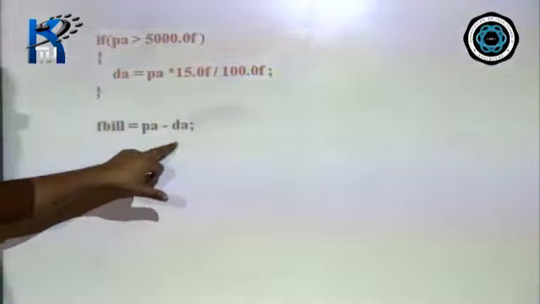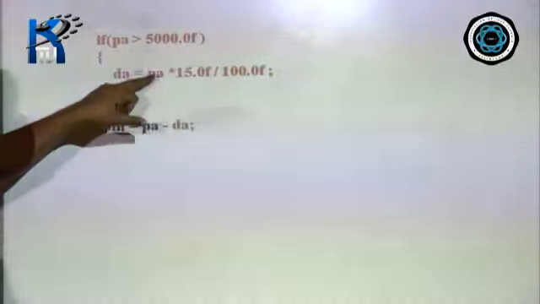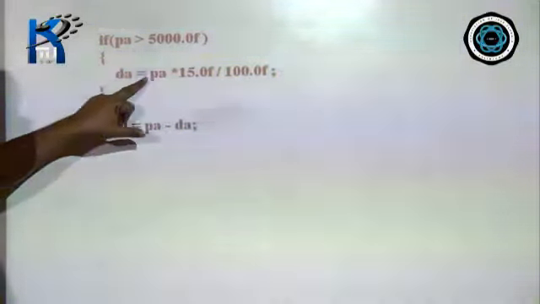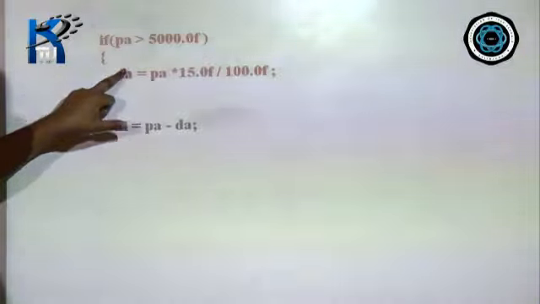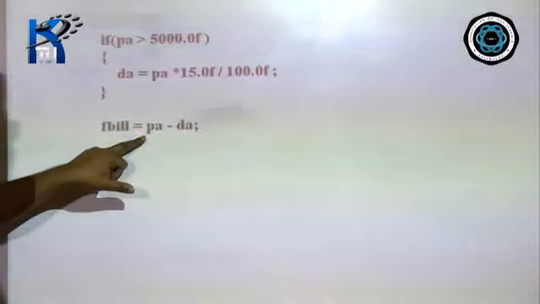So DA value will remain what we had given in the initial stage, that is 0. That was the default value which we gave when we initialized the variable DA. So if the control doesn't enter here, the value of DA remains as 0. So purchase amount minus whatever is the value of DA. If it has entered here, whatever is the calculated value in DA will be subtracted from PA.